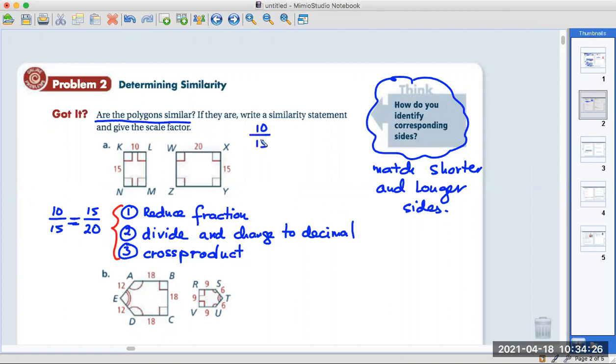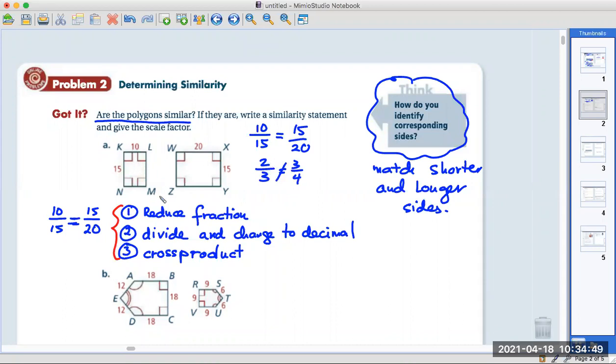10 over 15 is equal to 15 over 20. And when you reduce, it's turning into a divide by 5. So 10 over 15 is 2 over 3. 15 over 20, I can also divide by 5. So that's 3 over 4. That doesn't match. So therefore, I already know they're not similar.